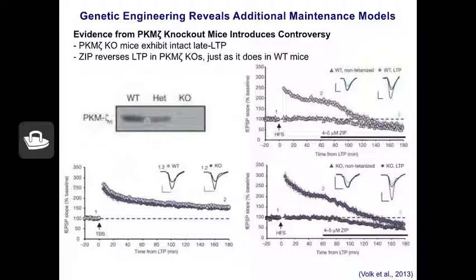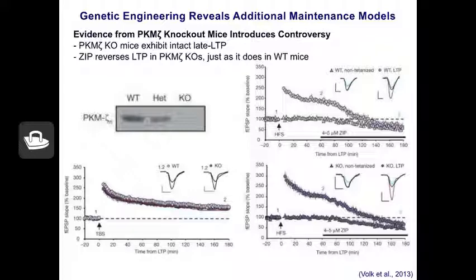Do you notice anything wrong? Do you see that the wild-type mice and the PKM-zeta knockout mice both exhibit perfectly functional late-phase LTP?